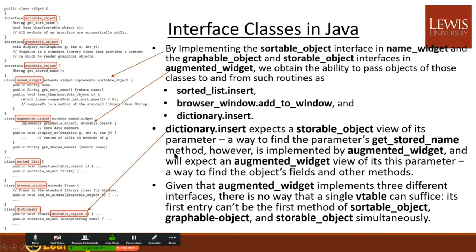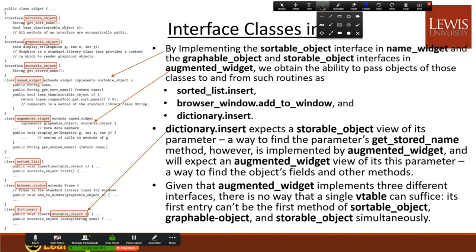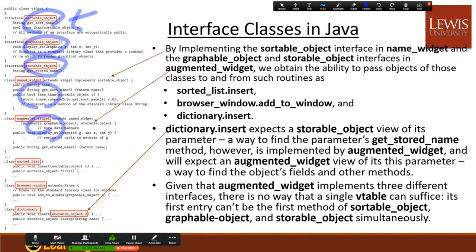So here we have class widget, and then the interfaces: interface sortable, interface graphable, storable. This is a container class, so it's just like the graph we just showed.